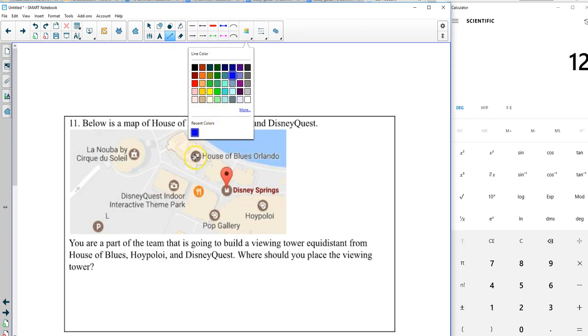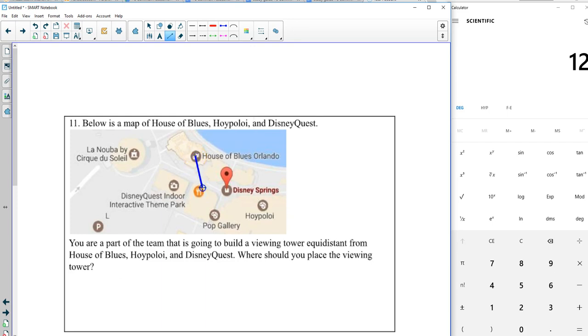All right, so we got one from House of Blues to here, and then from here to Disney Quest, and then from Disney Quest back to the House of Blues. So we want a tower in here that is in the middle of all this, equal distance from this corner to that corner to that corner.